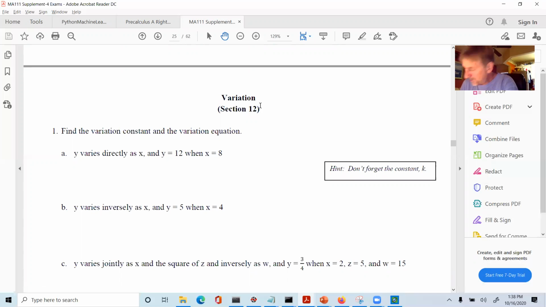All right, let's look at 1C. Y varies jointly as x and the square of z, and inversely as w.